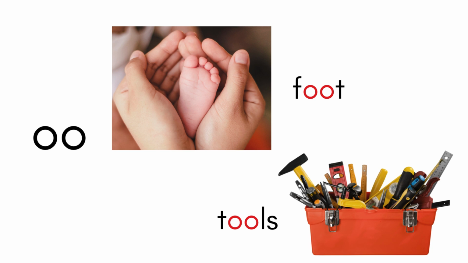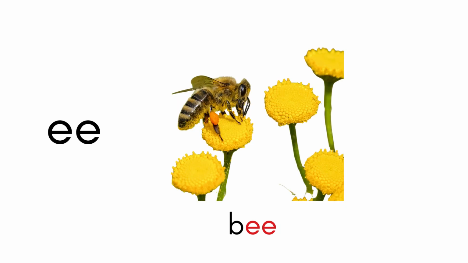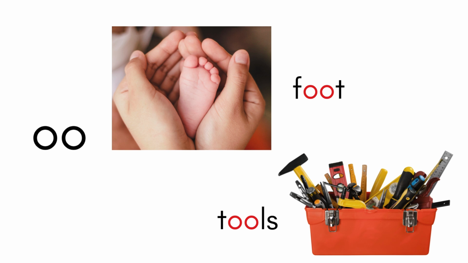So let me go and show you this one. The two E's just make E, like bee and tree and free. So that's cool. And then the double O is going to say ooh, like tool and cool.